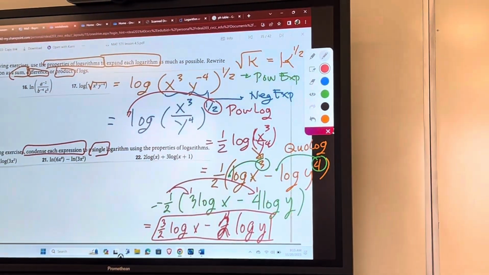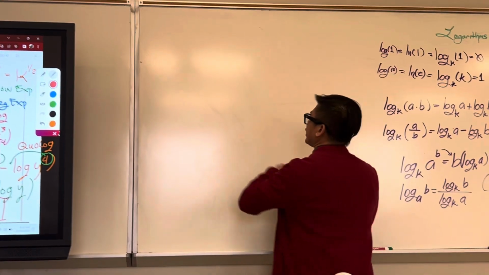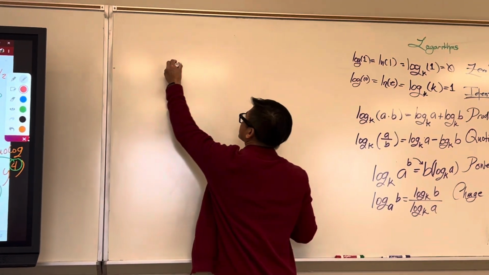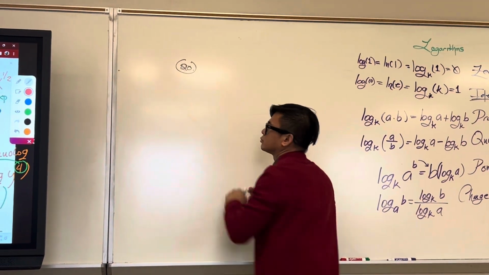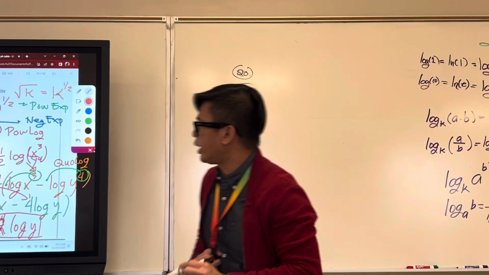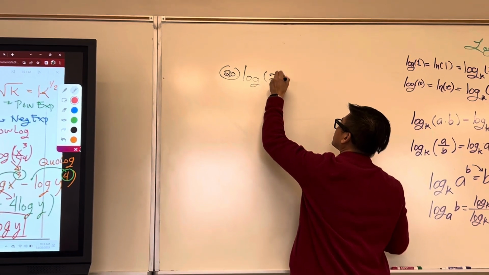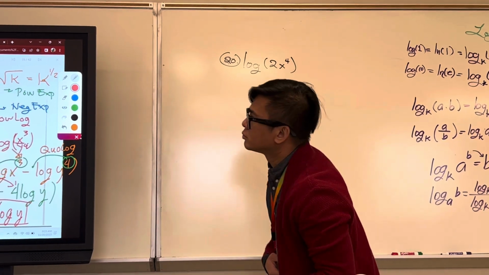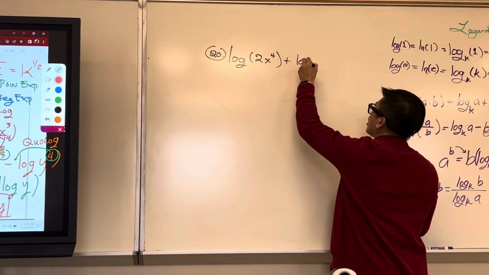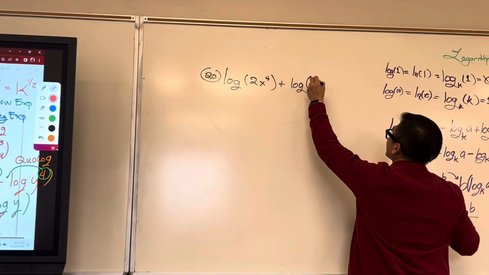Let's try number 20. Let me put it in here. Number 20 is the common log of 2x to the fourth plus the common log of 3x to the fifth.